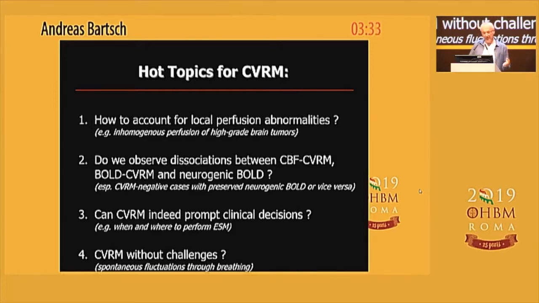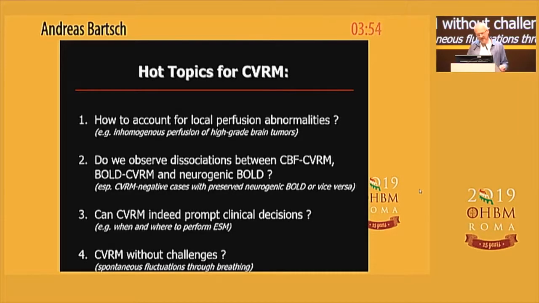Then, do we observe dissociations between CBF, CVRM, bold CVRM, and neurogenic bold? And especially, I would be interested if there are CVRM negative cases with preserved neurogenic bold, or vice versa.